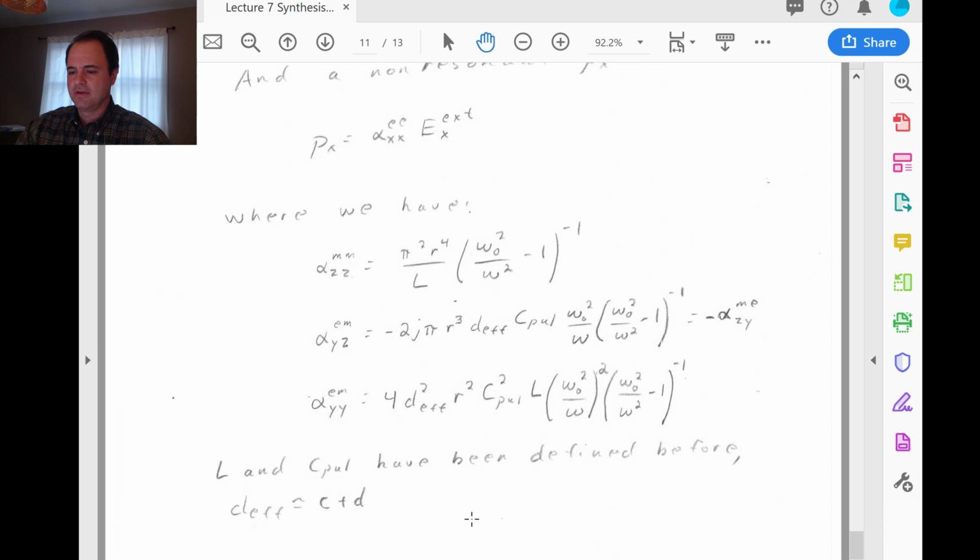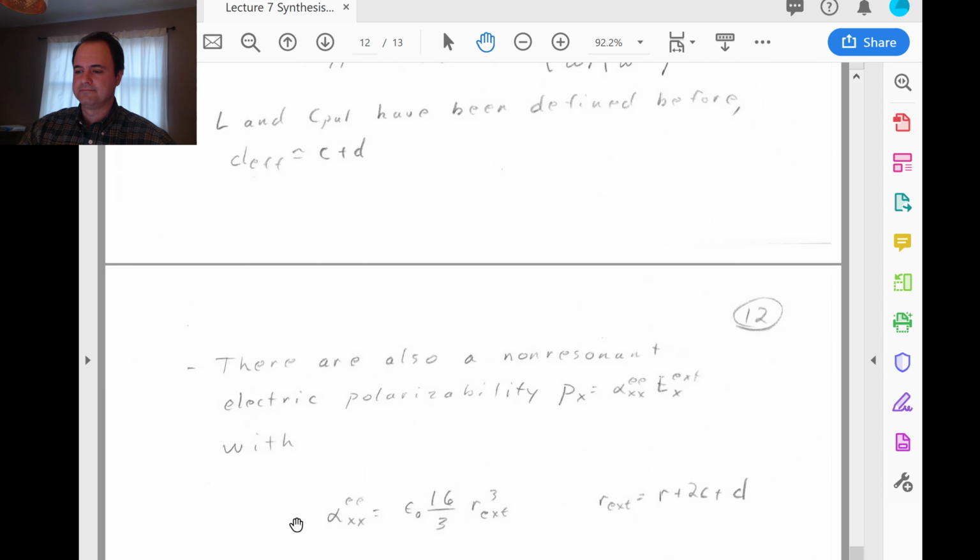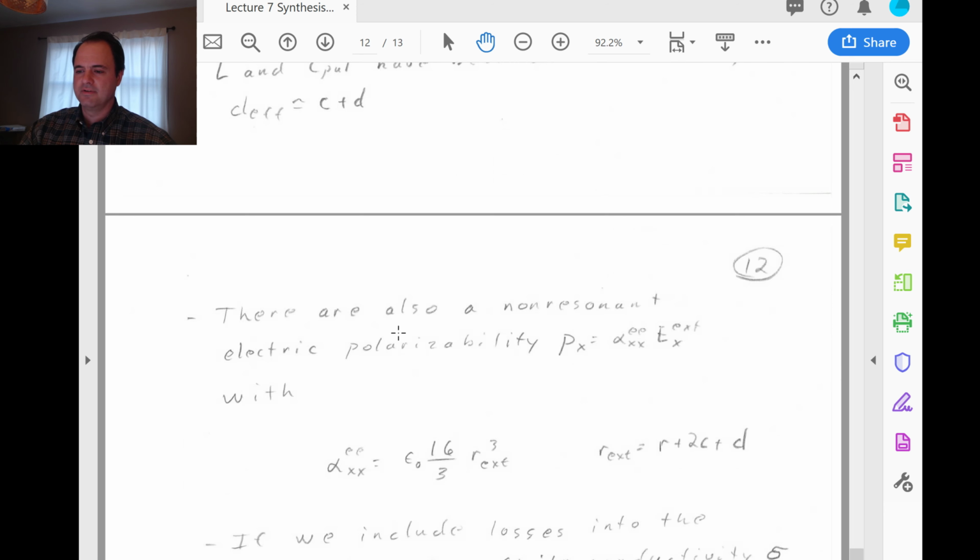So the only new definition, C-pole, has been identified and defined before, same as L, and the only thing not given is the D effective, and that's C plus D. All right, and like I said before, there is a non-resonant electric polarizability given by this with alpha XX EE as this. Okay, but that's not really what we're looking for. It's the resonant ones.